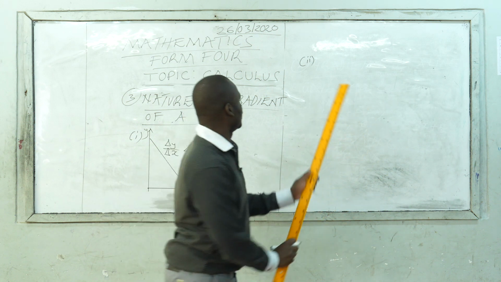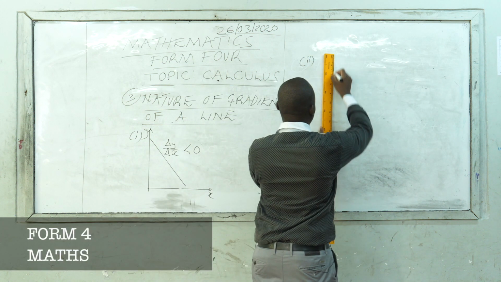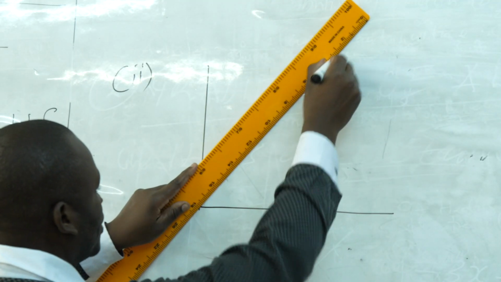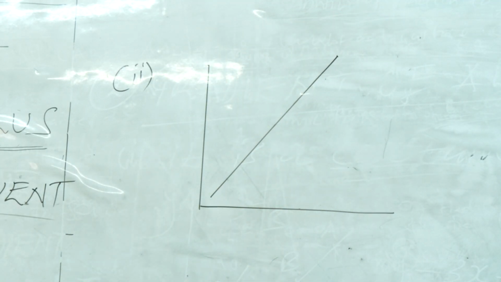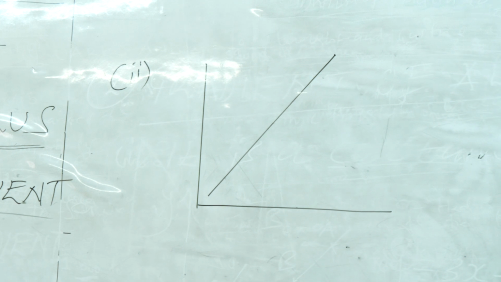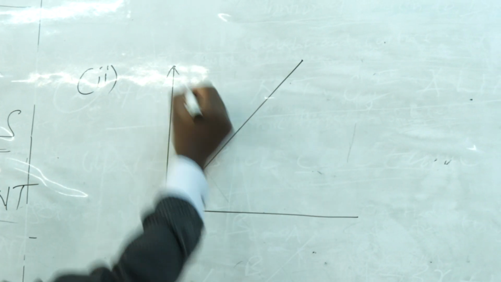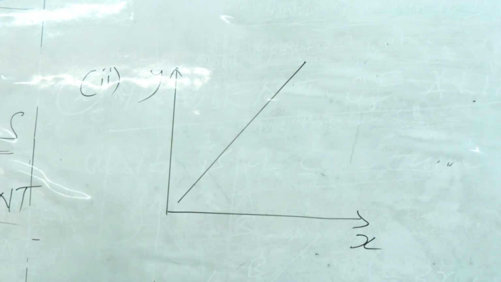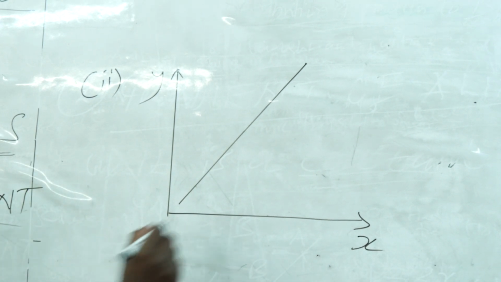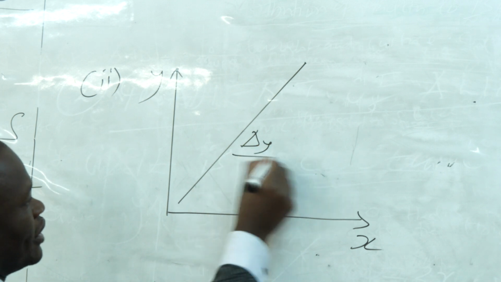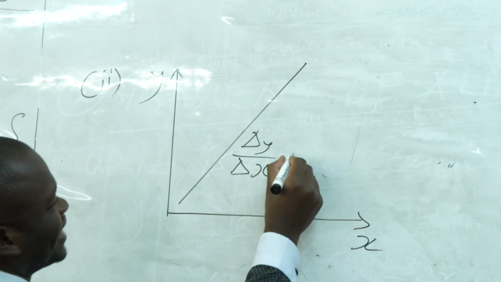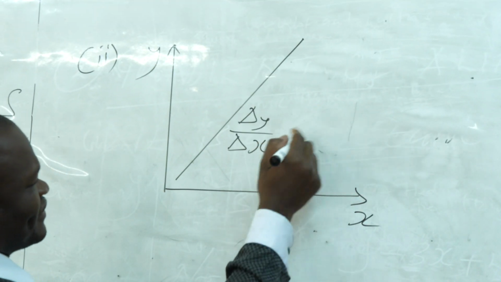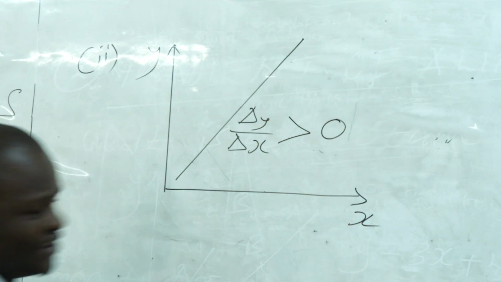So we are saying a line with this inclination, actually the reverse of the first line we had here, will have a positive gradient, meaning the change in y over change in x will be greater than 0.